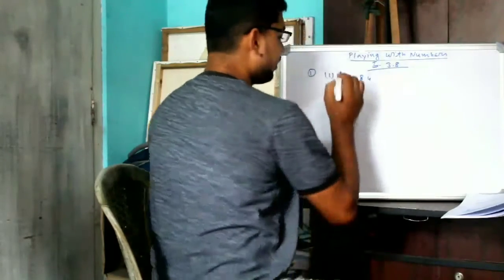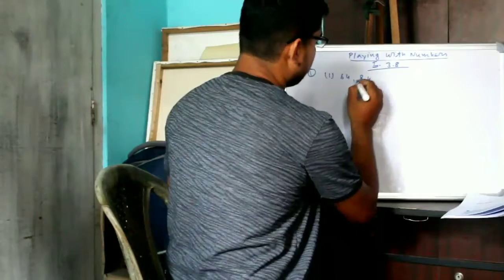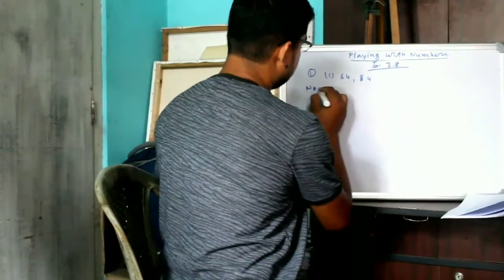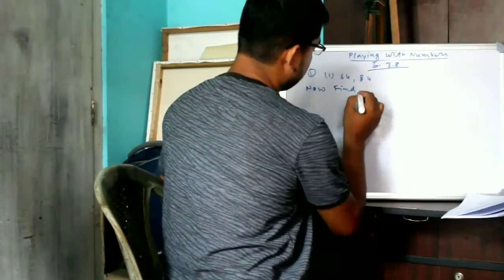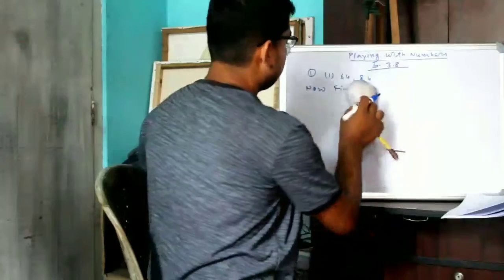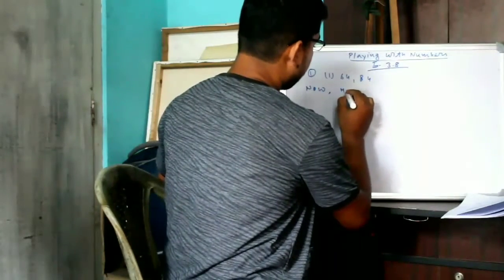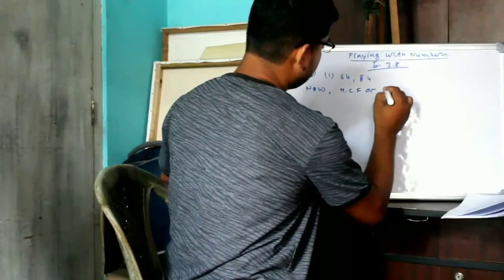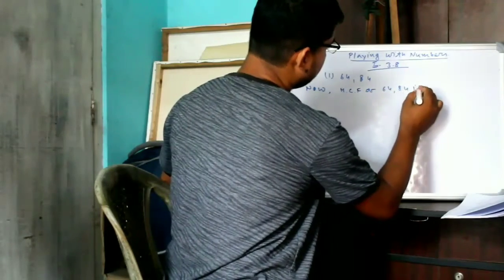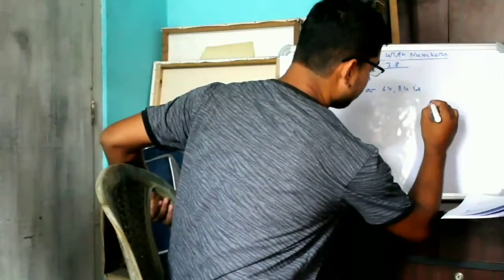Now find the HCF of 64 and 84 by the division method.